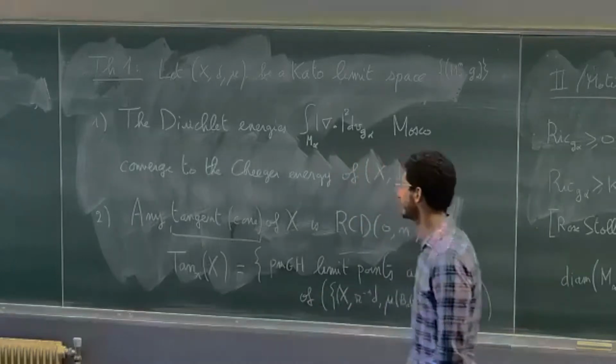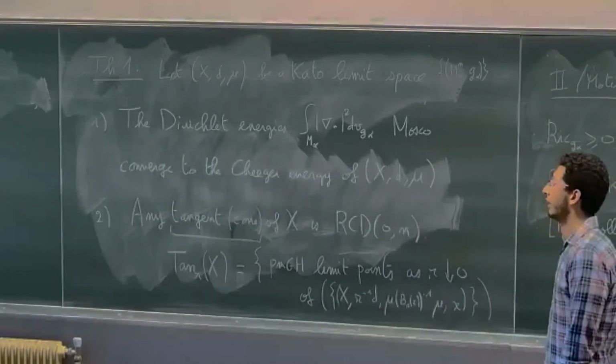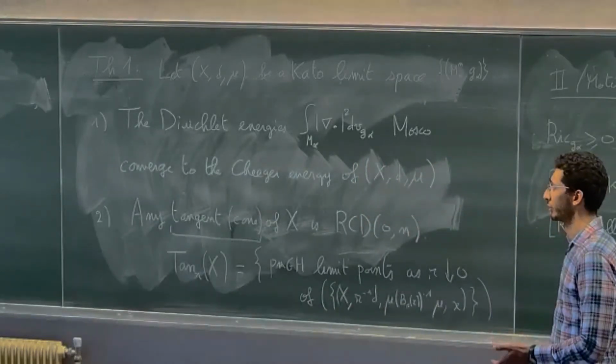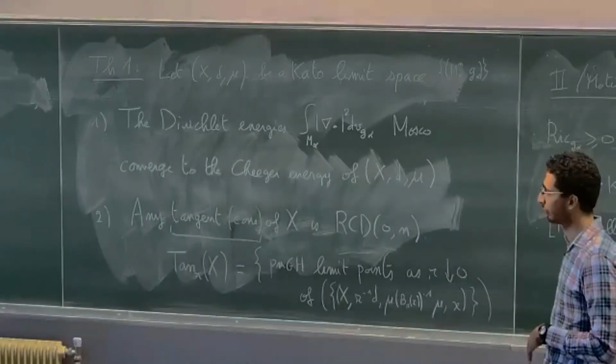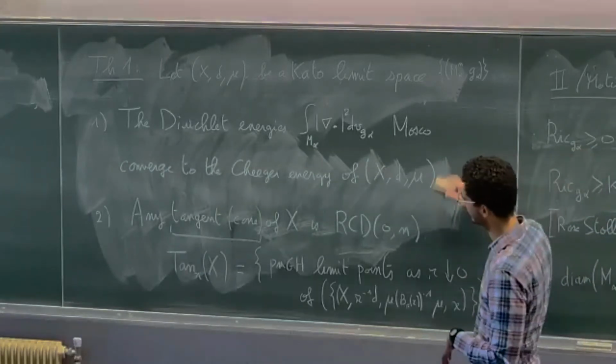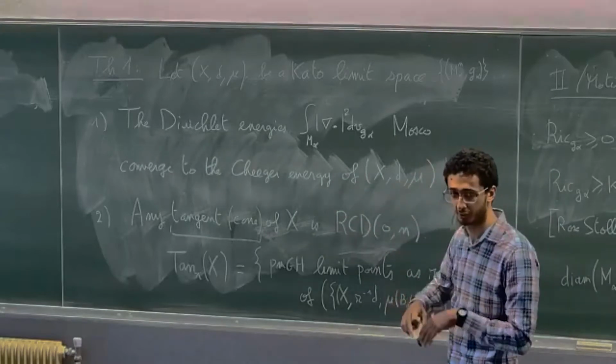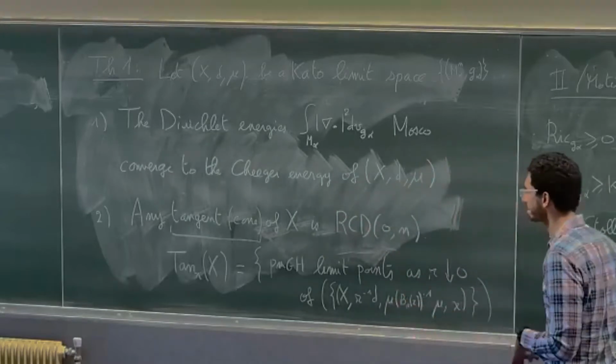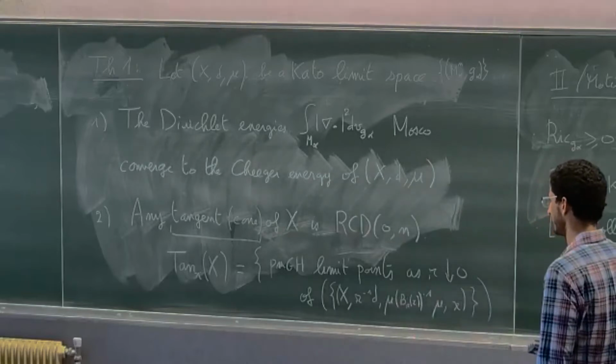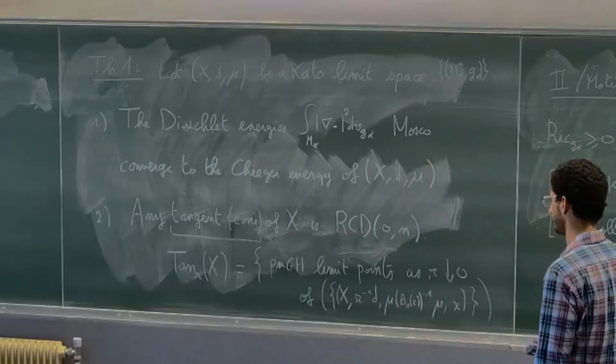Dirichlet energies are particular instances of quadratic forms, and what is hidden in this statement is also that the Cheeger energy of this space is indeed a quadratic form.